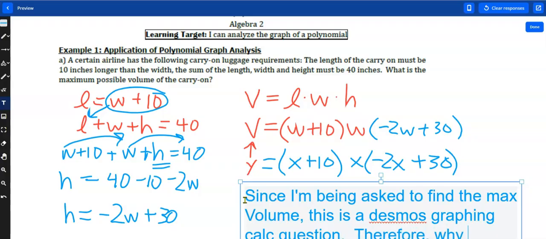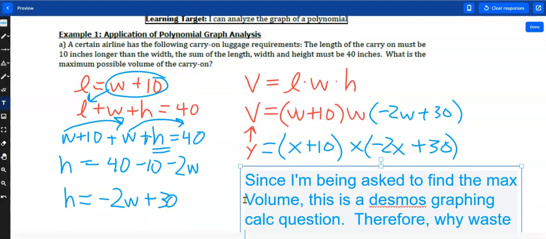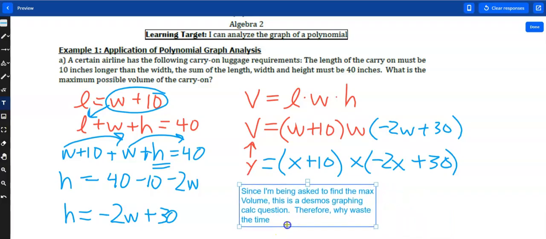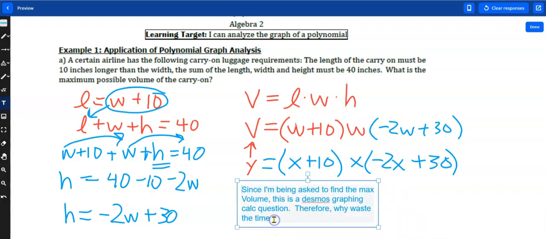Therefore, why waste the time to FOIL all that together? Desmos can graph it.